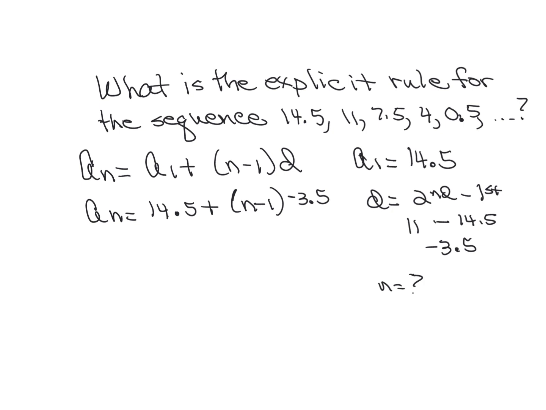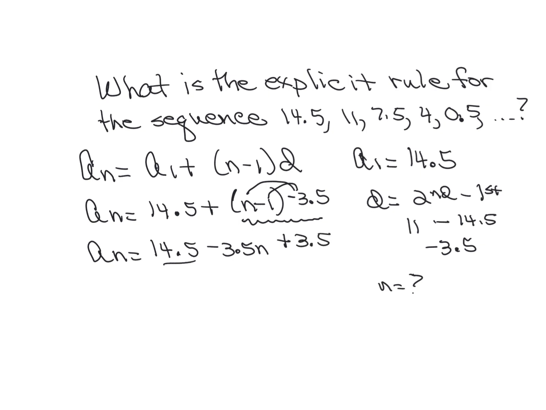And to simplify this, that means that I am going to perform the distributive property that is shown at the end of the formula. So a sub n is going to be 14.5. I'm going to distribute minus 3.5 times n, and then negative 1 times negative 3.5 is plus 3.5.